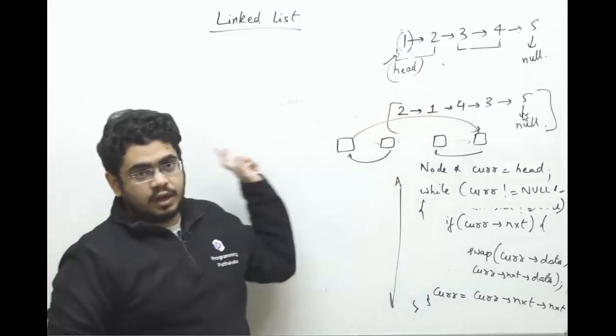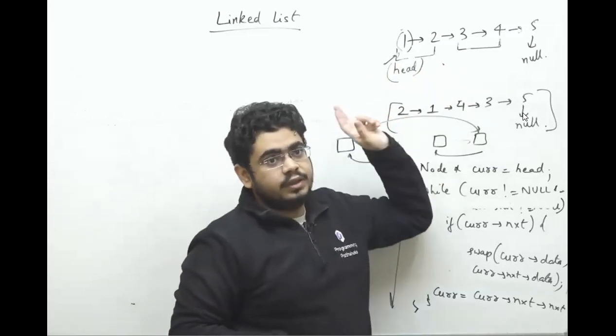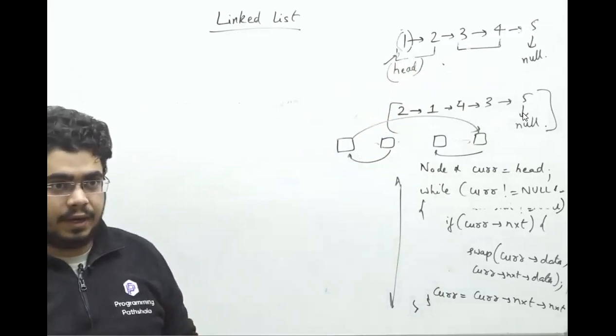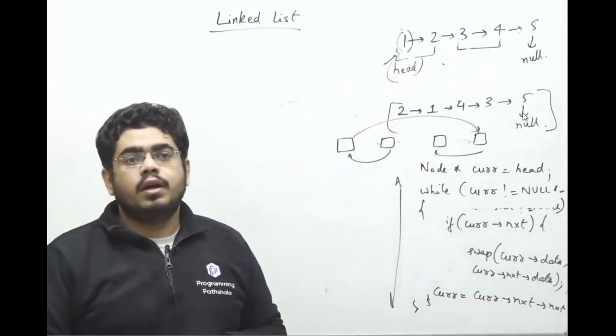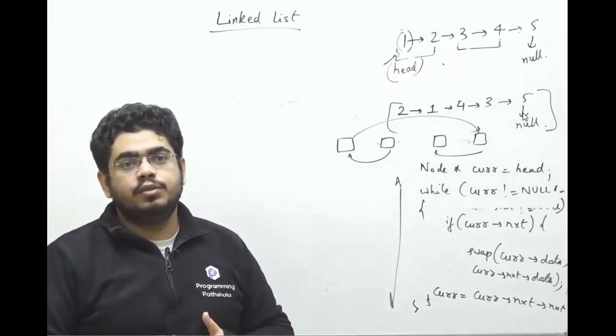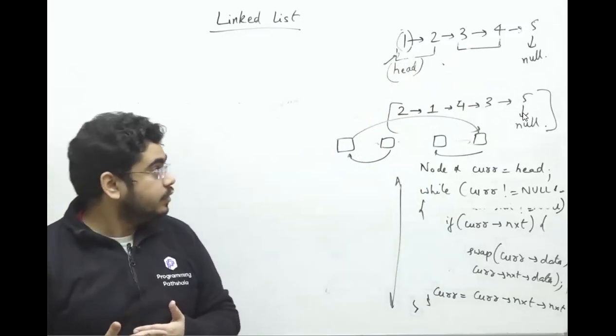I'll first insert 2 there, then insert 1, then insert 4, then insert 3. But again, that will create a new separate memory. I need to keep the memory intact. So that is also not a possible solution. If we get an updated list from 3 node, then we only need to change the first 2 pointers and return the new head from 1 to null. Okay, that makes sense.